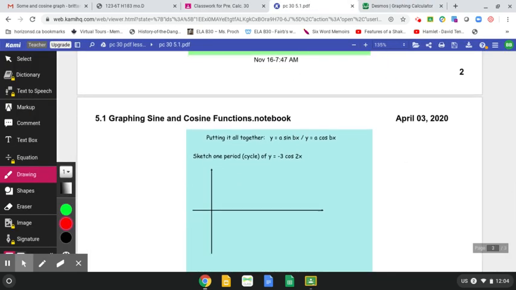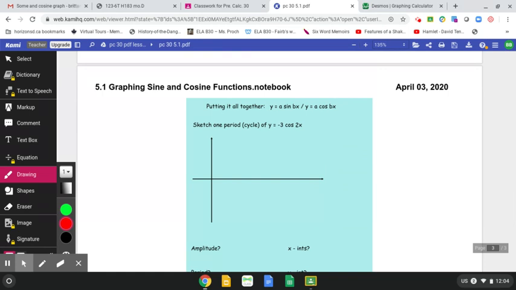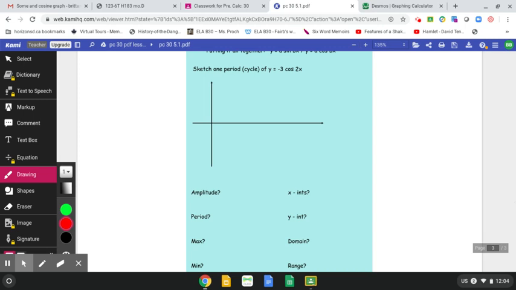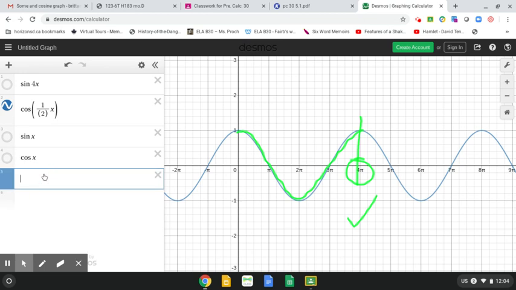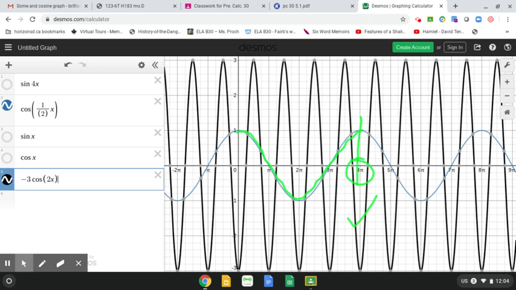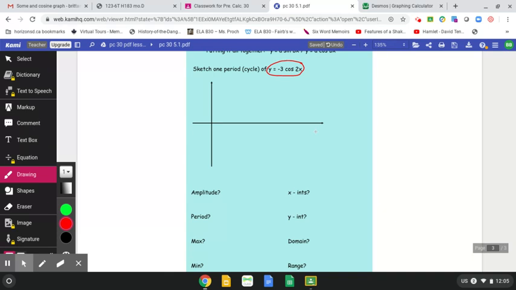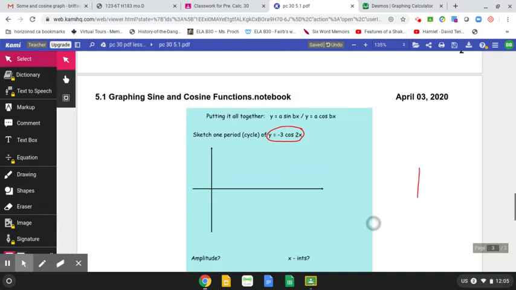Now it says putting it all together. This is just when you have A's and B's in the same one. So you are going to go straight to Desmos and graph this: y equals -3 cos 2x. Did it tell us degrees or radians?